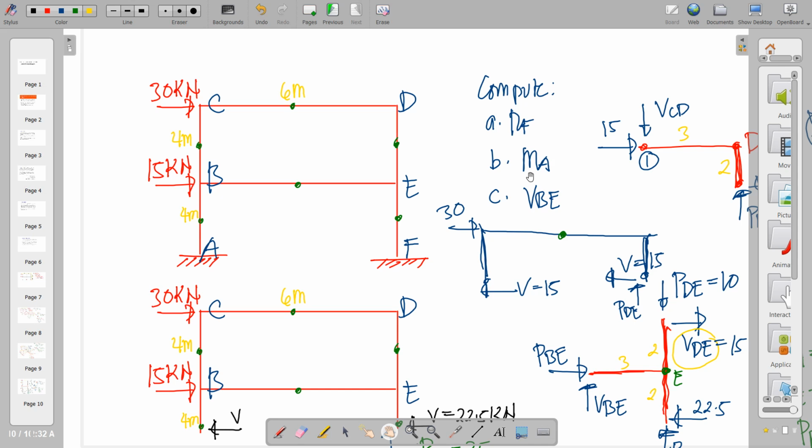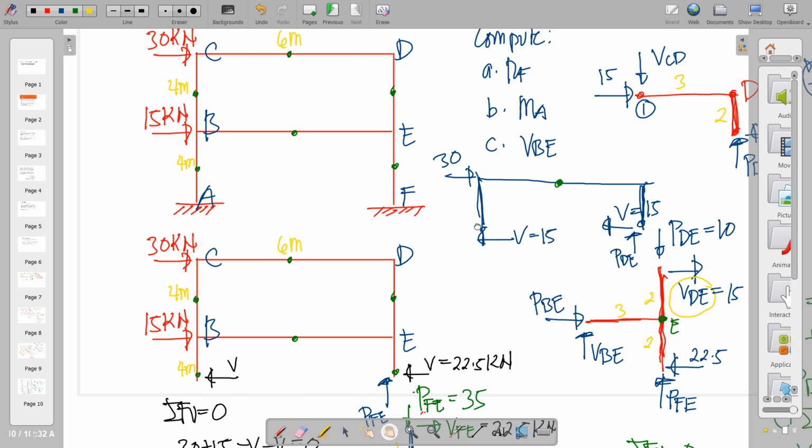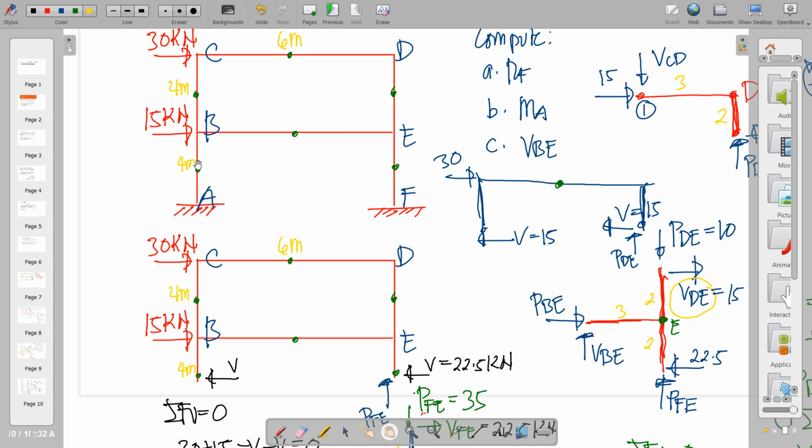So next, how about moment at A? So this is the moment at A. Okay, so it's quite simple. So we'll just have to place it here. Okay, so if we are going to consider the upper portion here, there will be a reaction or the shear here that is against this direction, and all in all the upper shear is 45.